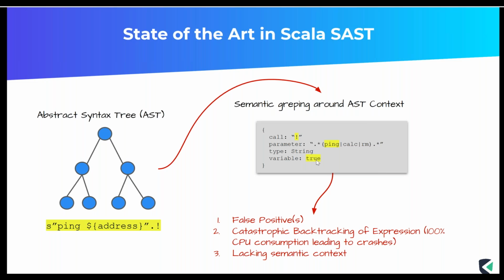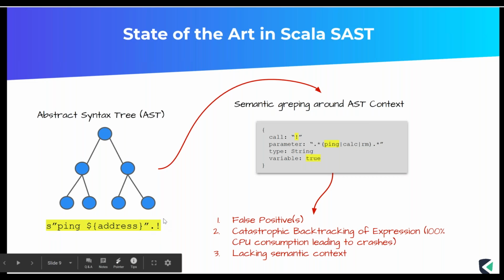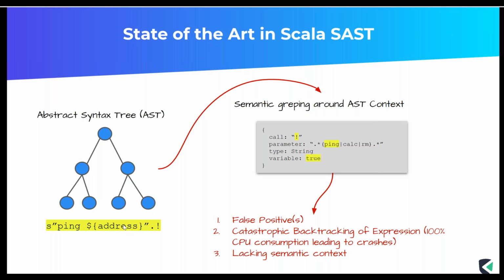The problem is that these rules are very, very wide. For example, it would say, yeah, this is a vulnerability, but it does not know if the address is actually a variable which is attacker controlled. It does not know who is calling it, in which context this is being called. Is it inside a handler? Or is it a legitimate use of an exclamation? We do not know that. So it would generate false positives.